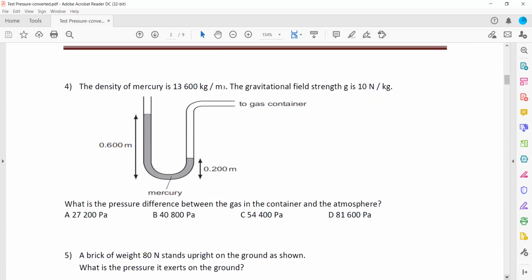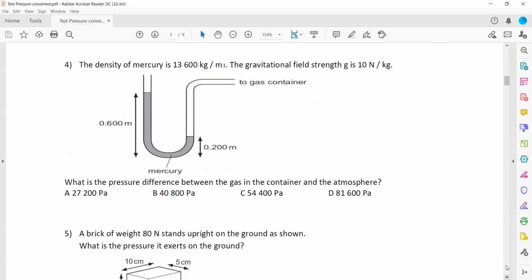In question 4, as the gas container is there, the gas container is connected, so we can identify the pressure of the gas, the pressure of the liquid and pressure of atmosphere.